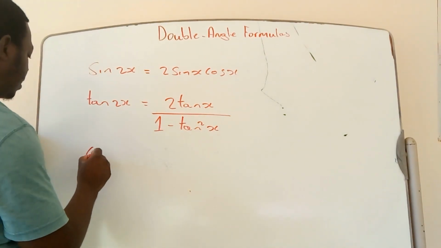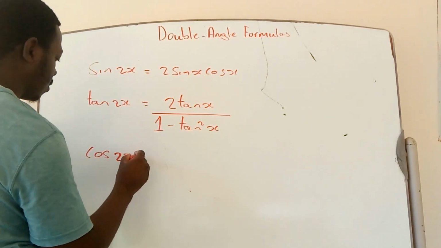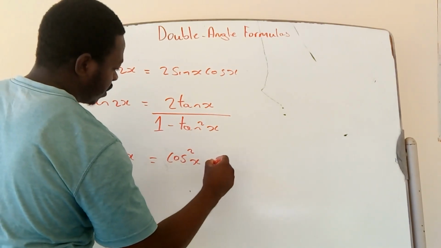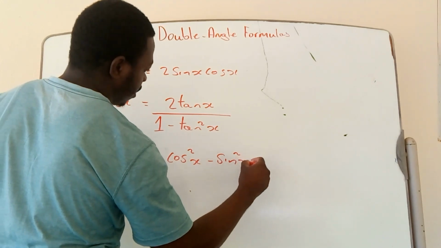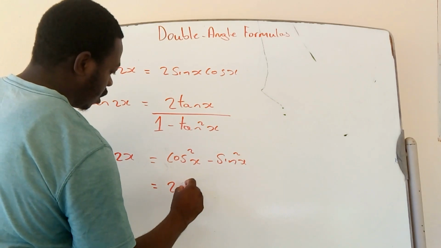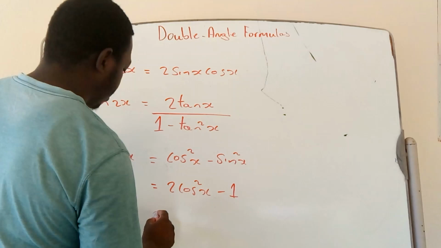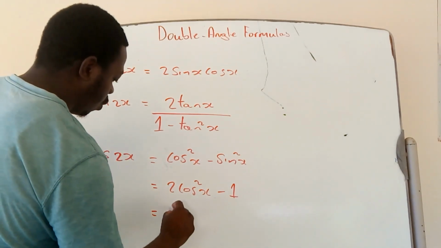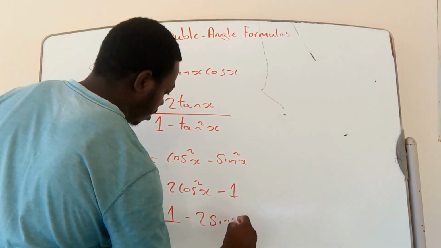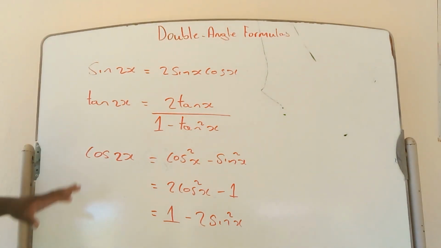And for cos 2x, that's equal to cos squared of x minus sine squared of x. That's one of them. It is also equal to 2 cos squared of x minus 1. And it is also equal to 1 minus 2 sine squared of x. So there are your double angle formulas in summary.